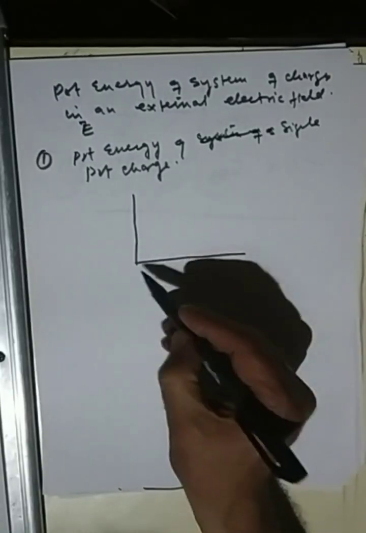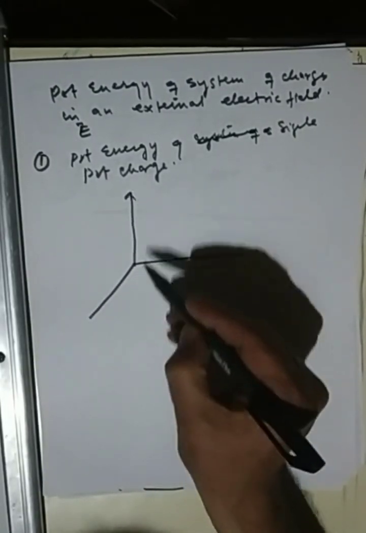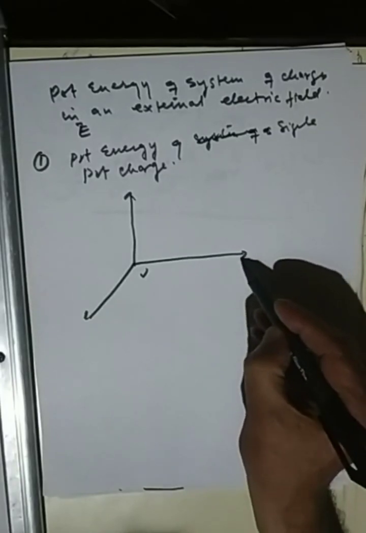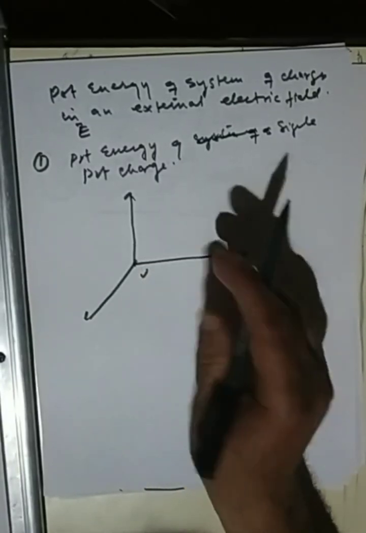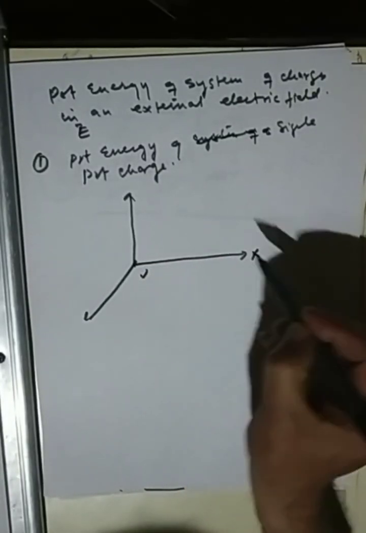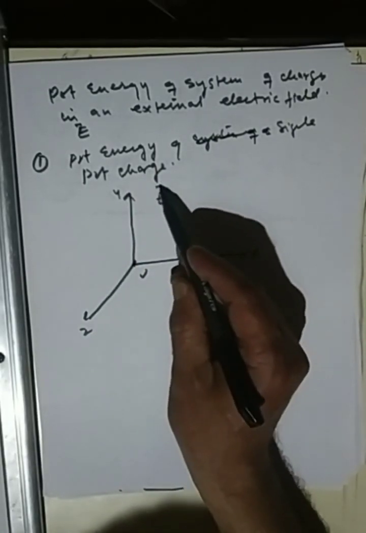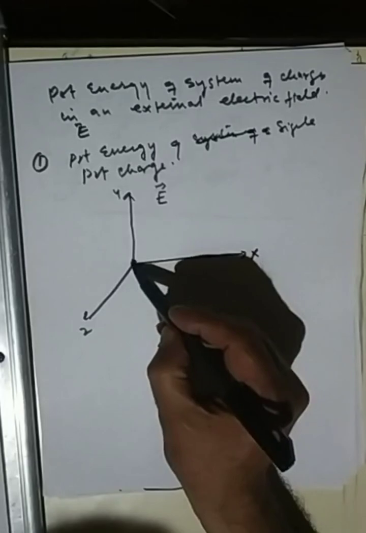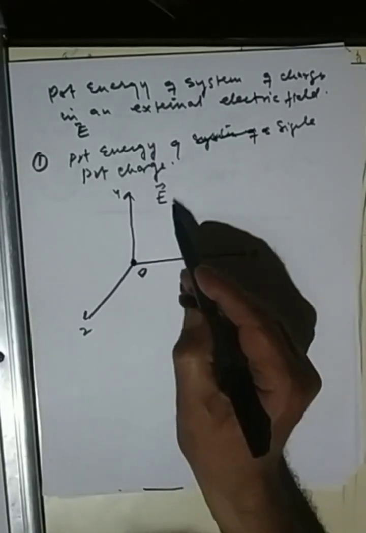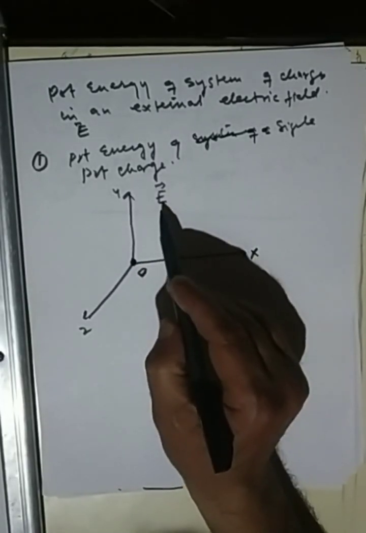Again, let us take axes. Here we have an already existing electric field due to some charge, let us say placed at origin. It may be uniform or non-uniform.